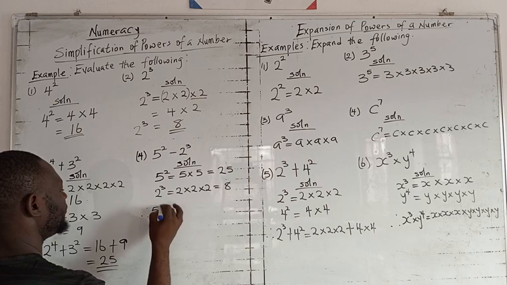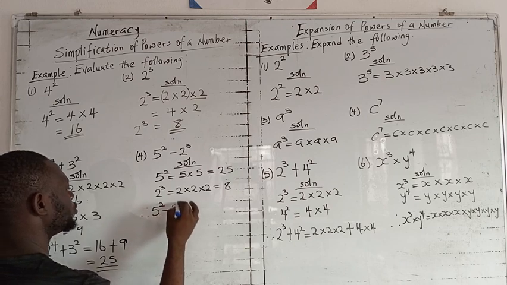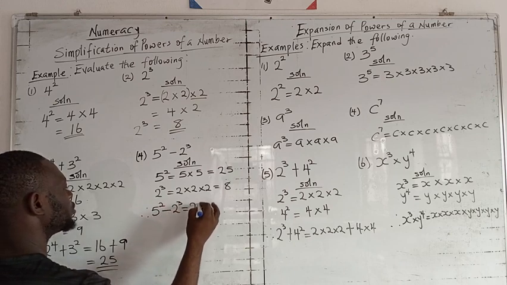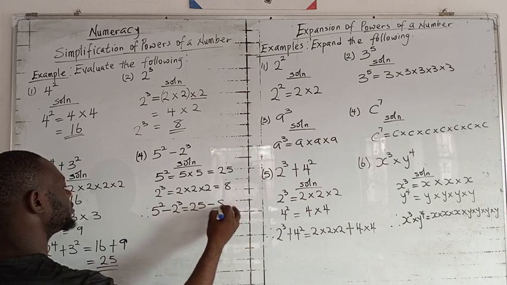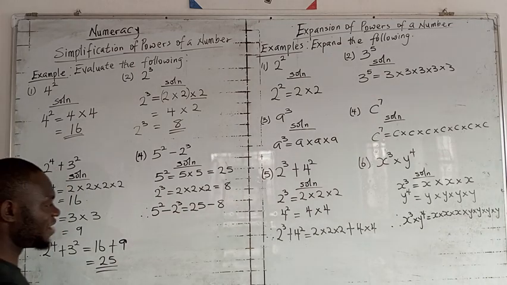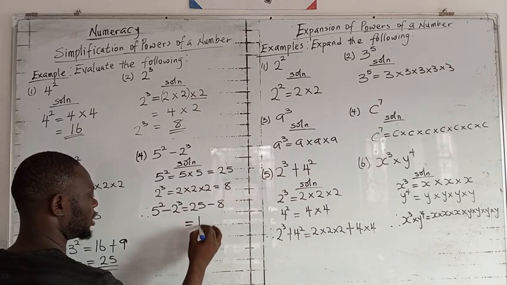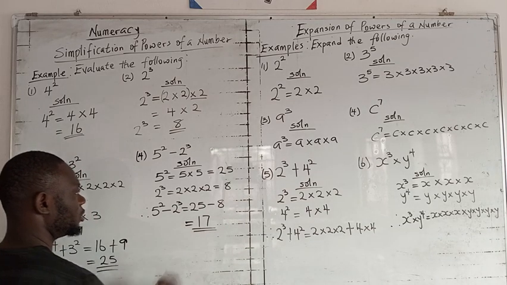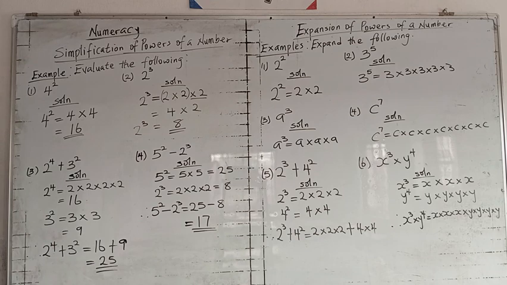Therefore, 5 to the power 2 minus 2 to the power 3 equals 25 minus 8. And 25 minus 8 is what? 17. Therefore, 5 to the power 2 minus 2 to the power 3 equals 17.